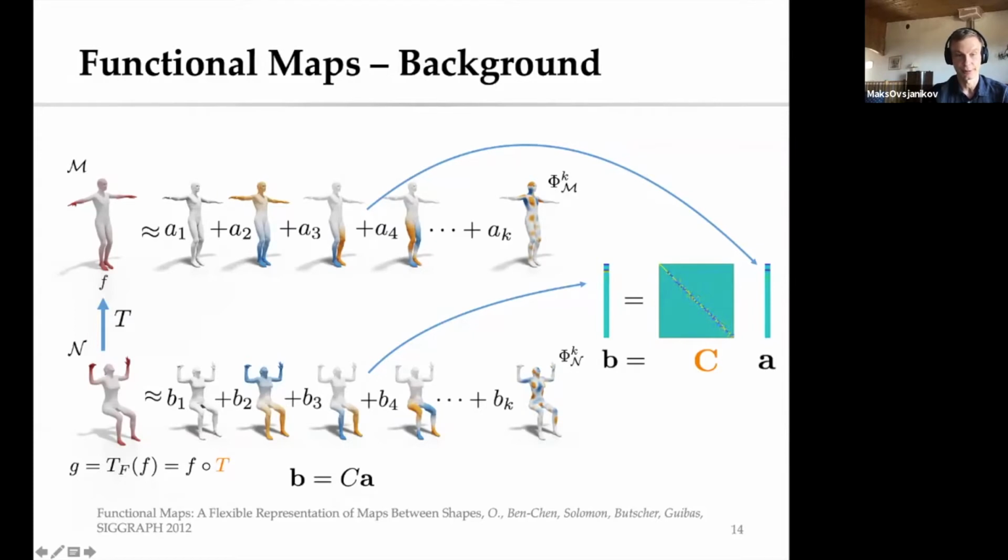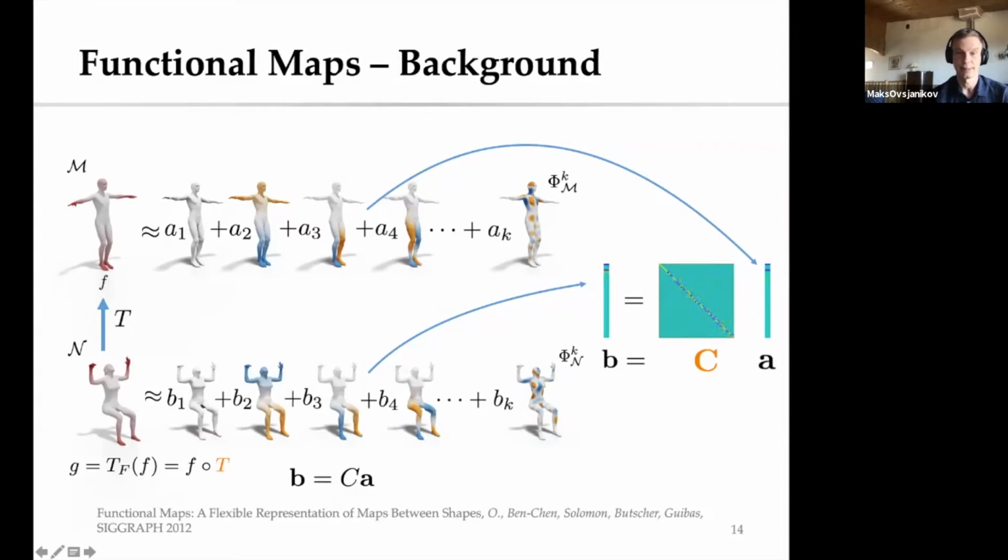And I can also take this transferred function and decompose it in some functional basis on the target shape with some linear coefficients. And so this gives me another vector b. And so the functional map is simply a matrix that takes a vector a and translates it into the vector b.